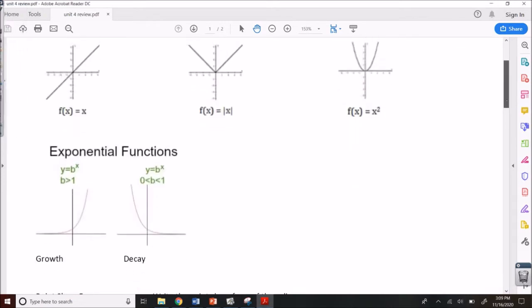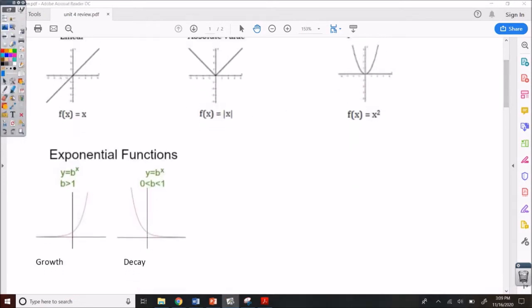Okay, and the last parent function that we have to look at is the exponential. Now we have growth. Oops, sorry about that. We have growth where we are increasing from left to right, and we have decay where we are decreasing from left to right. So again, we've got arrows here.